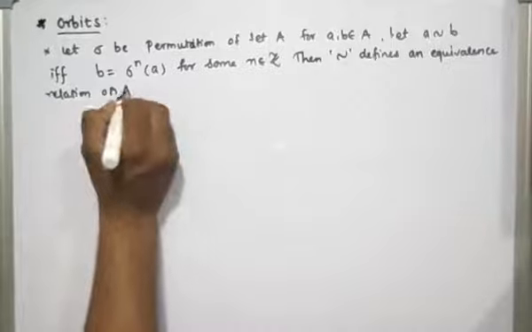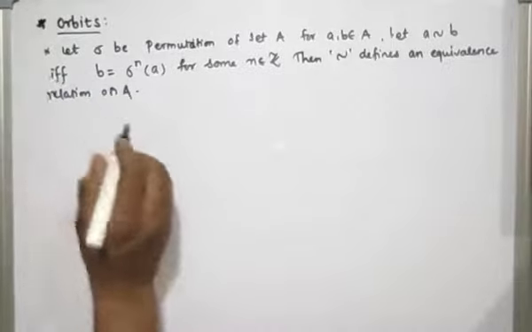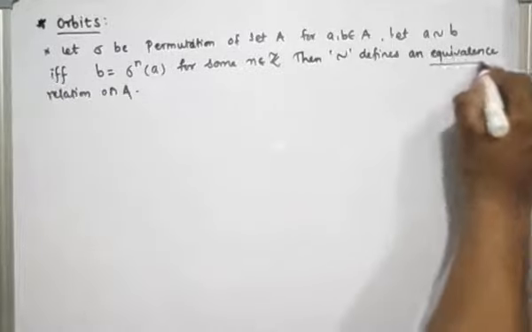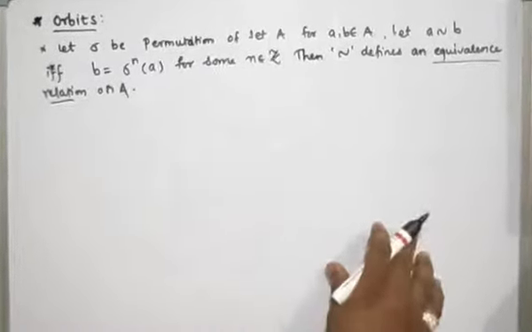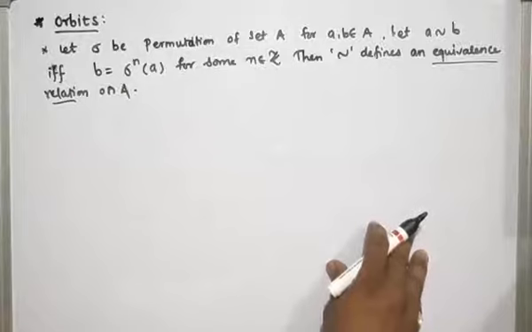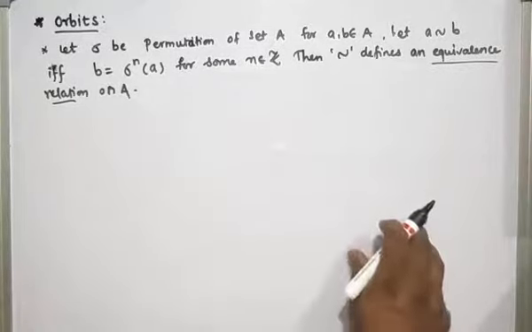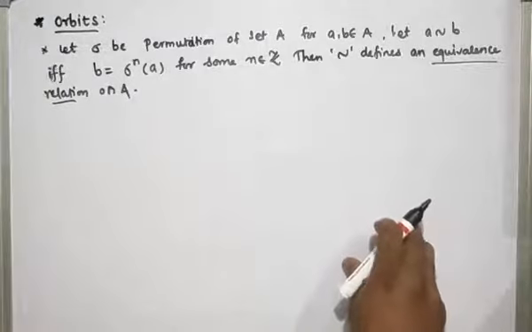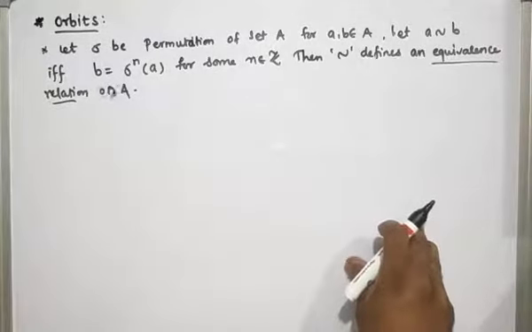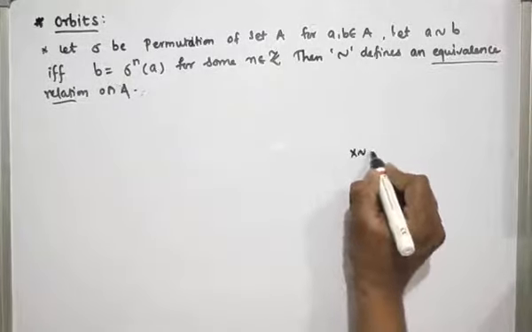So we know what is meant by an equivalence relation. A relation tilde is said to be an equivalence relation if it is reflexive, symmetric and transitive. Reflexive means what? If in set A I have only one element, then x is equivalent to x.